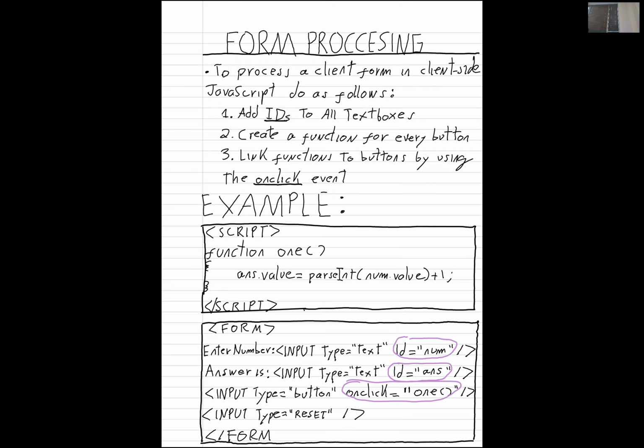In this object, you only want the value inside the text box. Because again, if you wanted the ID, you would put ANS.ID. So it's not peculiar to value. You can use any of these attributes. We're interested only in the value attribute. Same thing for the input and for the output.